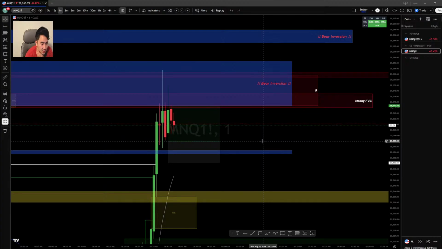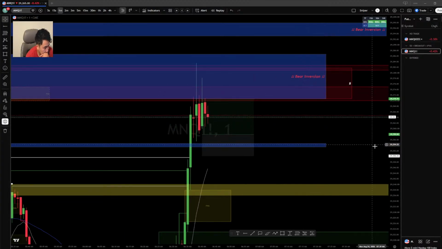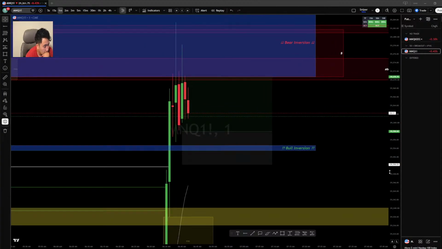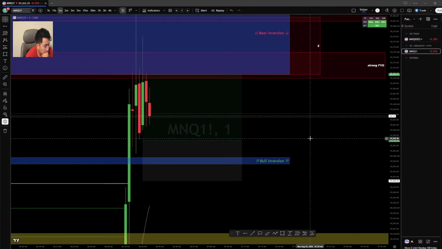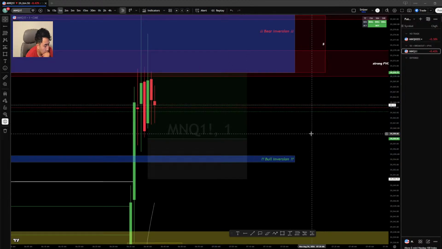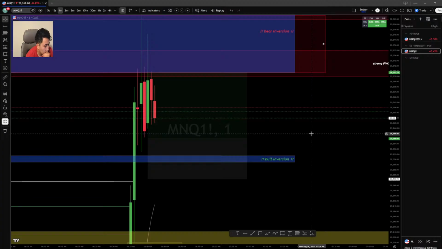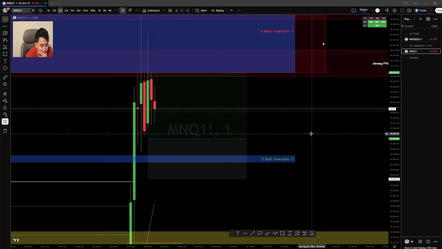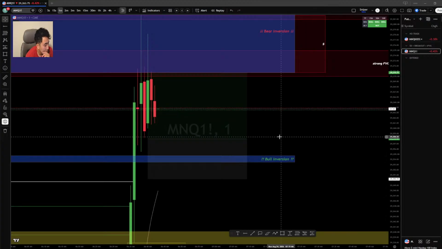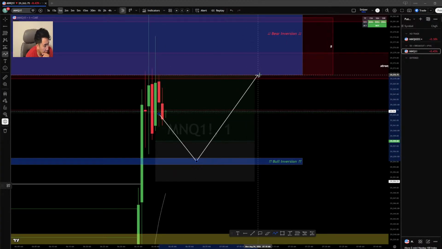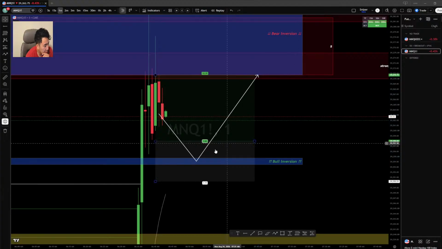Let's see how it respects this zone. So we're looking for something like this.